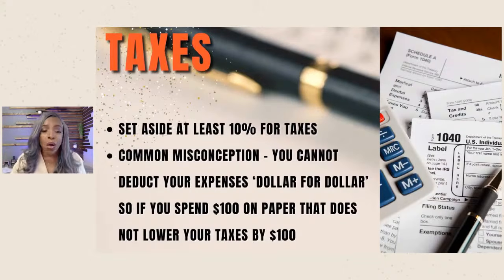So they think, oh, well, I spent $100 on paper, so that's going to count $100 off on my taxes. That is not how it works. Your deductions for your expenses are not dollar for dollar, okay? It's not going to even out in the wash like that. More than likely, even if you have expenses, you are still going to have to pay taxes.